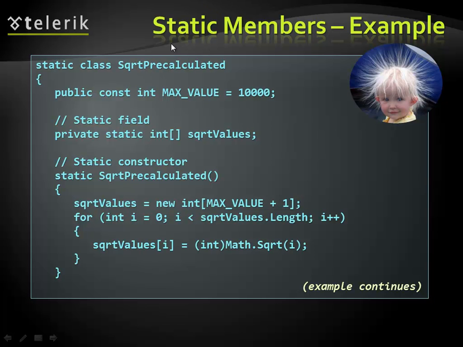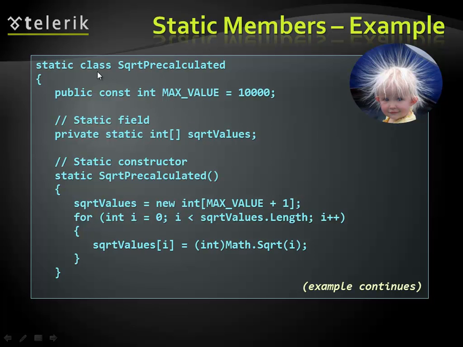So we have a class here. The const also acts as a static member. We have a static field, and that one is private. It's private to the class, this array, but it is static, so it can be accessed, for example, from this static constructor here.